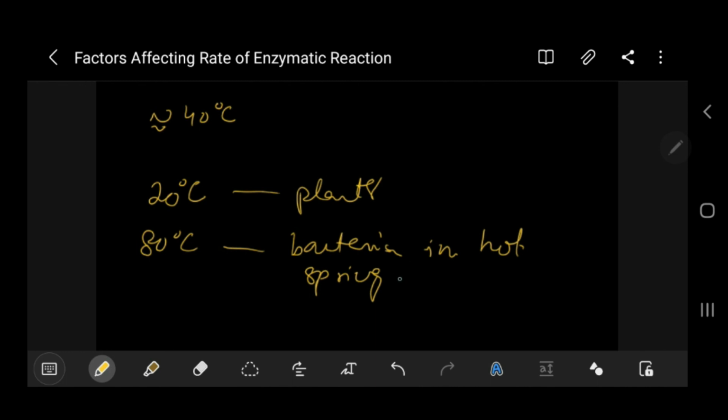So generally the optimum temperature varies a lot.